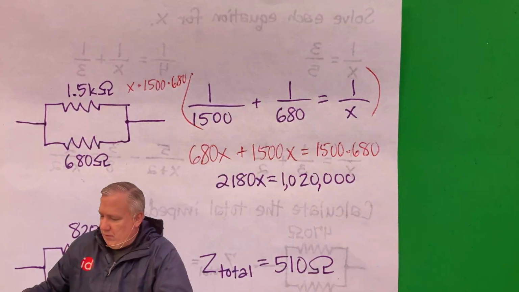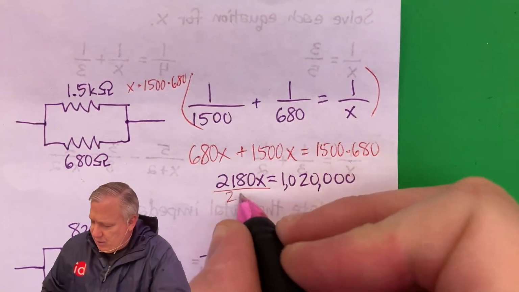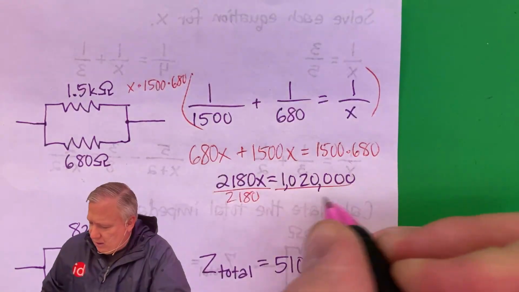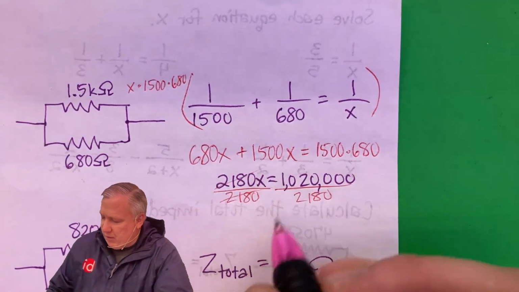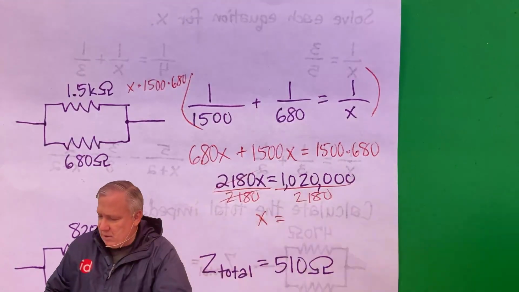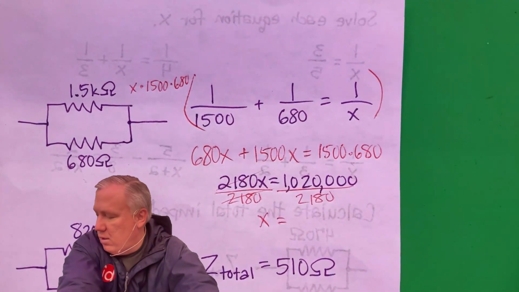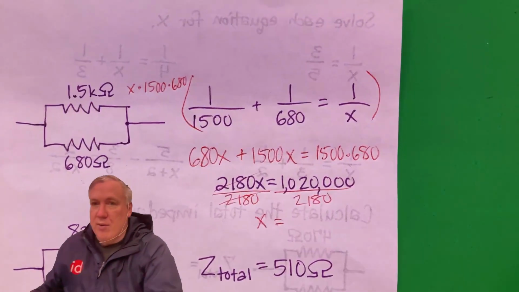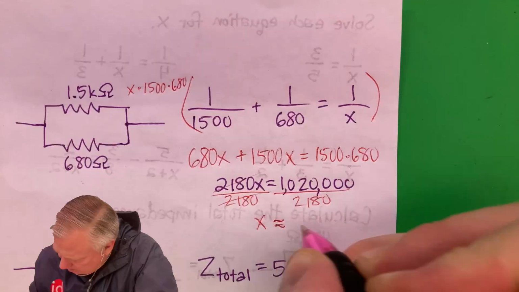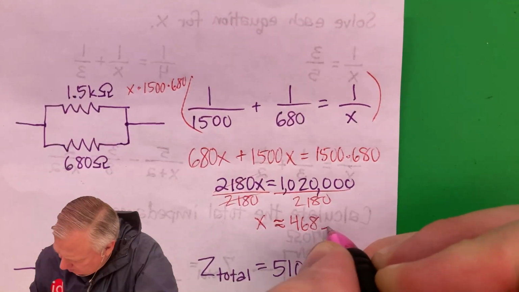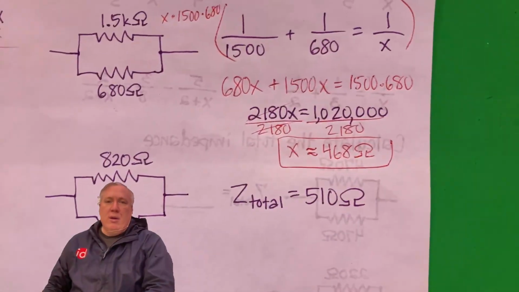And then to solve this, yeah, those are big numbers, but all you got to do on a calculator is divide both sides by 2,180, because that will cancel that. It'll cancel this with that, and I'll just be left with x is equal to whatever this number is, which I divide by 2,180, and I round it, I get 468. Okay. And so there you go.